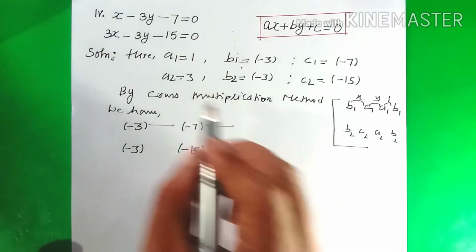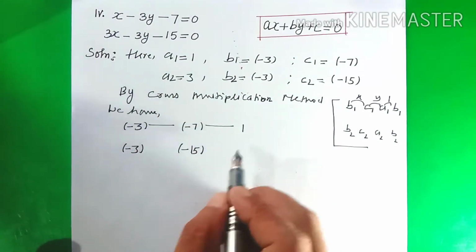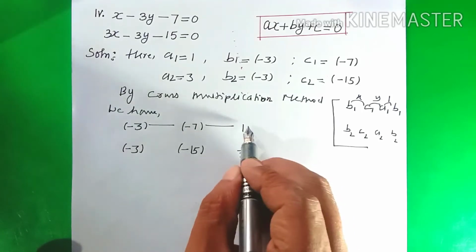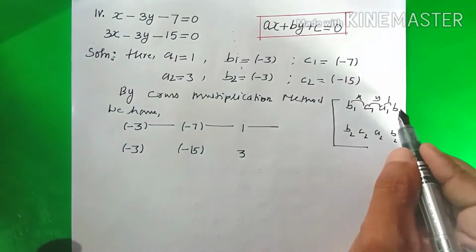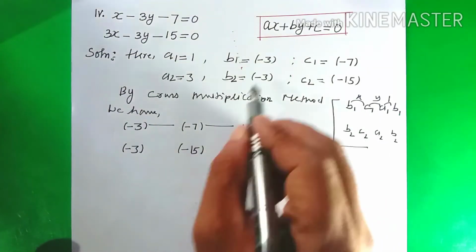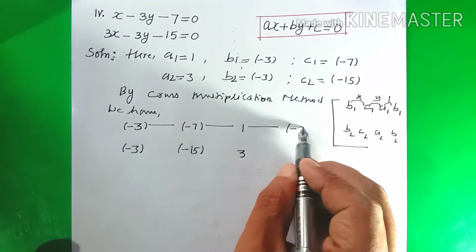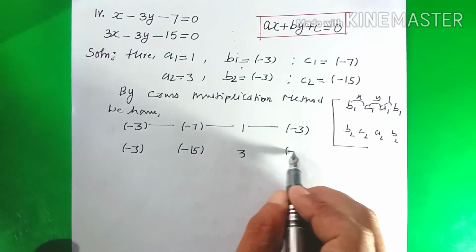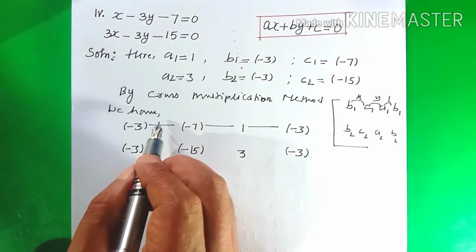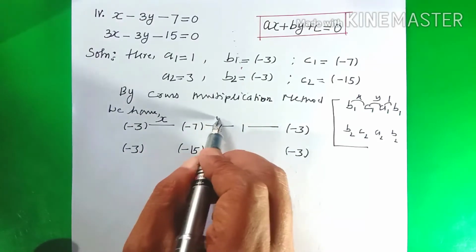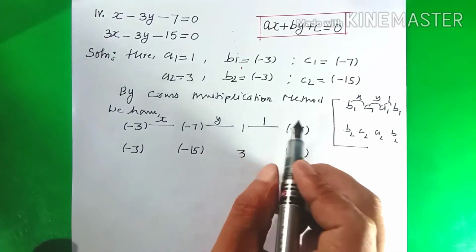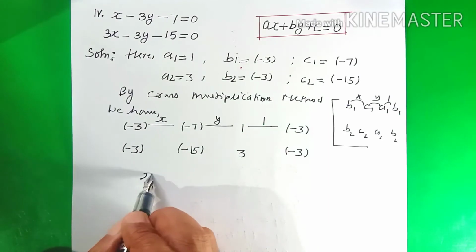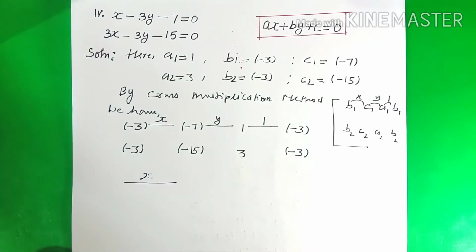Now the a values are 1 and 3. Again keep a space. The b values are minus 3 and minus 3. Here x, y and 1. After that, x divided by.